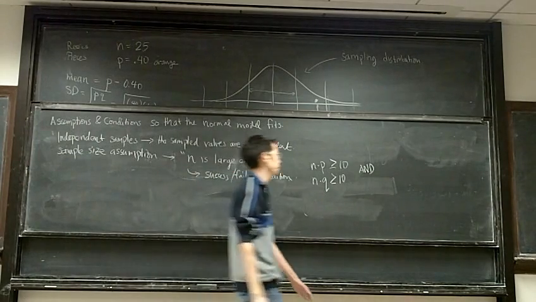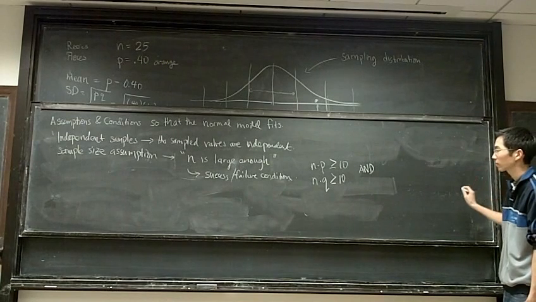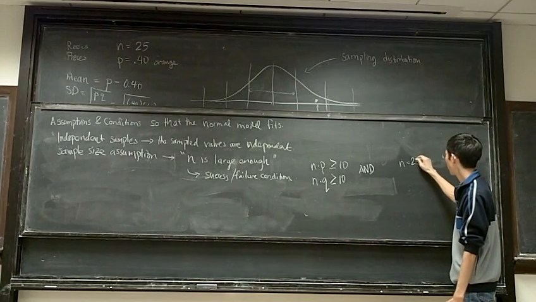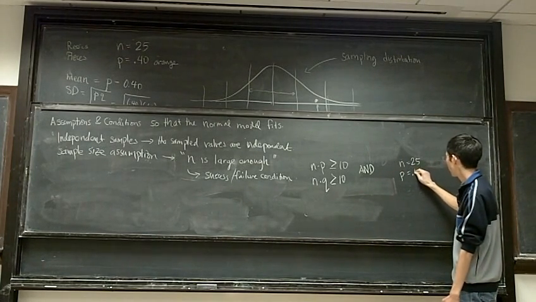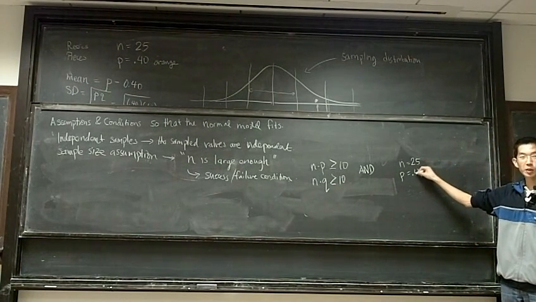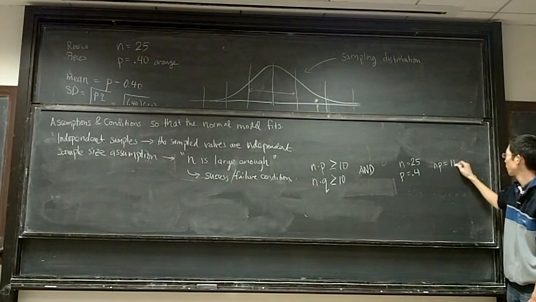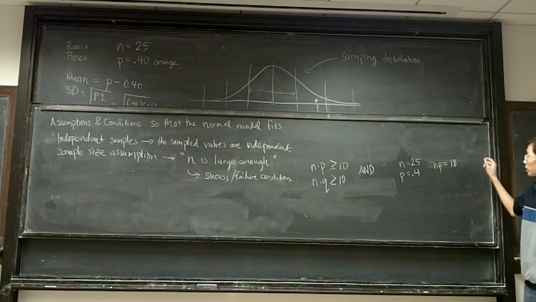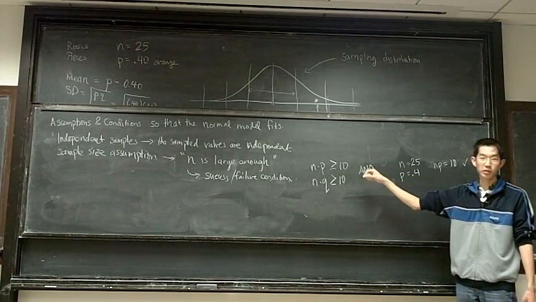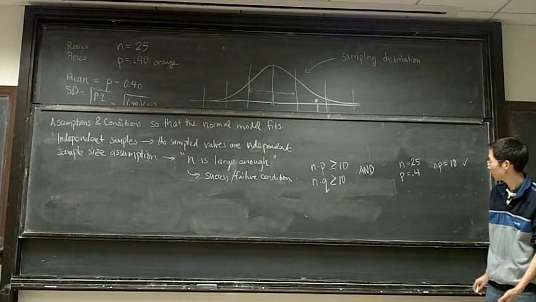For example, with our Reese's Pieces example, n was 25 and p was 0.4. If we do 25 times 0.4, n times p is equal to 10. So 10 satisfies the condition that n times p is greater than or equal to 10. It just barely makes it, but it satisfies the condition.